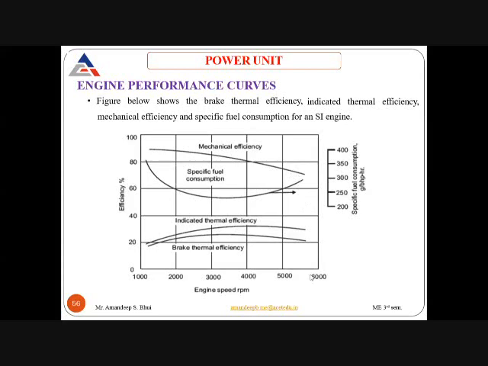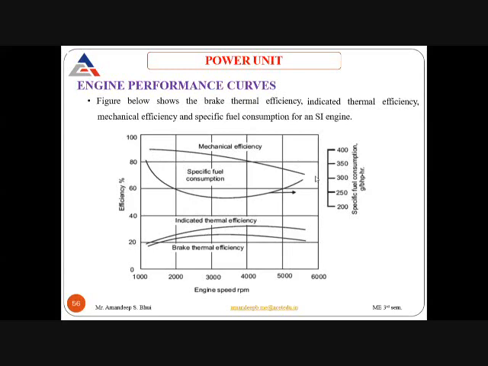Here at around 5500 RPM, you can see that the mechanical efficiency has reduced to 70%. This means that as the RPM increases, the frictional losses are more. So the mechanical efficiency of the engine decreases with the increase in RPM.